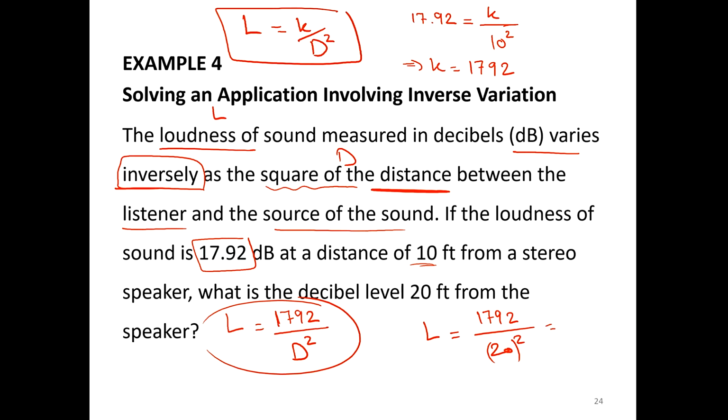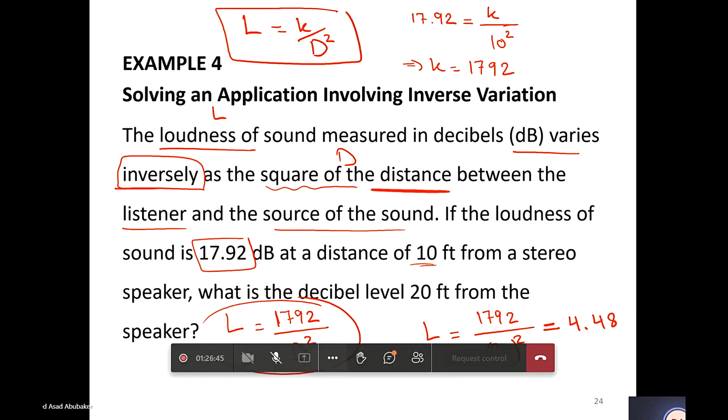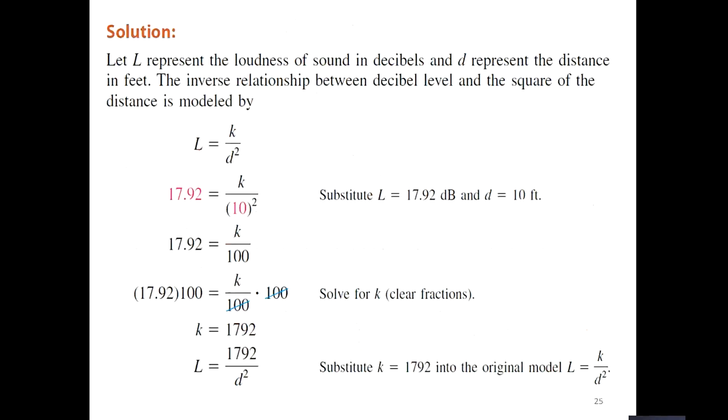So we have 1792 divided by 20 squared, which is 400. So this equals 4.48 decibels of loudness. And this is the solution.